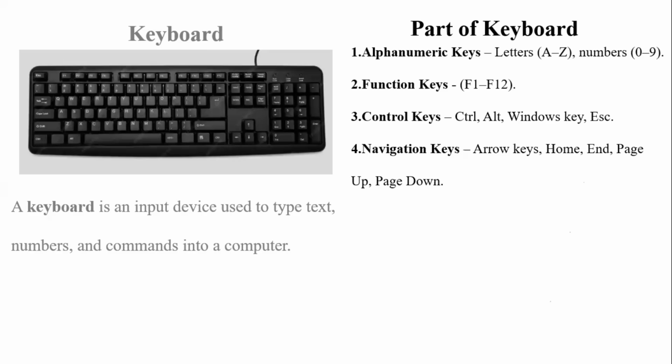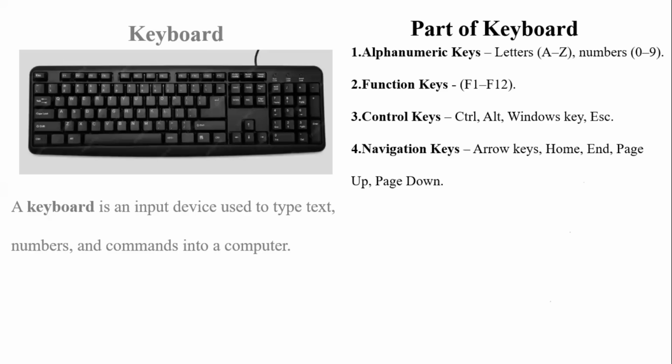navigation keys. These navigation keys, these arrows, help you move around your documents. Maybe you open a document and you want to move around that document. So they help you to move around. Or maybe you open an Excel file. They help you to move around that Excel file. Maybe you want to move from this cell to this cell, or from this column to this column. They help you do that.